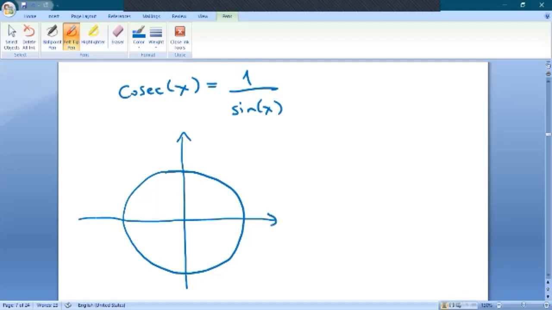I mean, this is supposed to be a circle, not a round circle, which the one I draw isn't that nice. But let's say you have a radius 1, okay? This point is 1, 0. This point is 0, 1. This point is minus 1, 0. And this point is 0, minus 1.